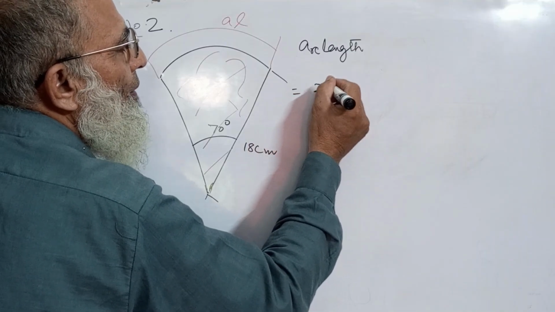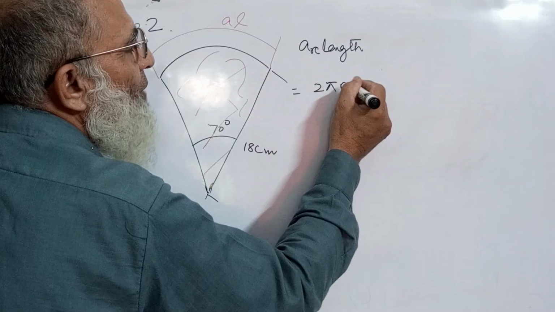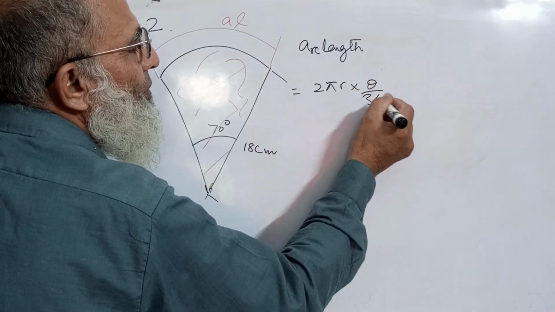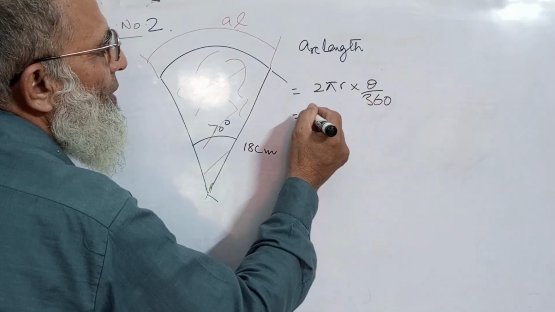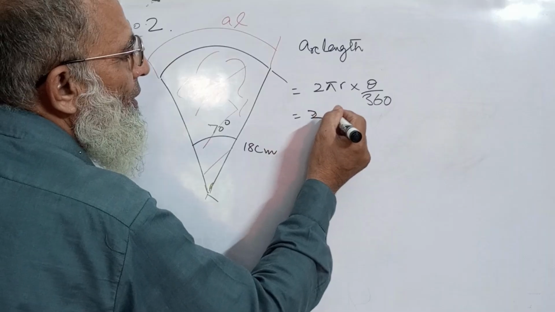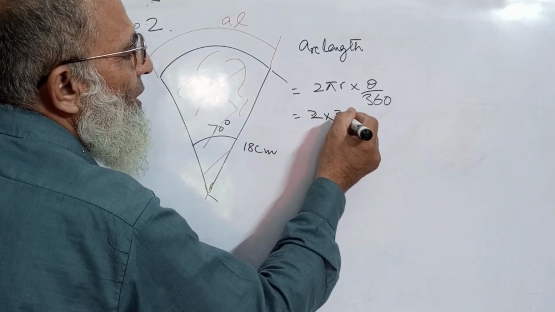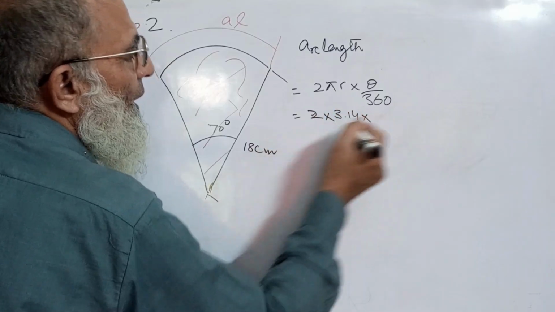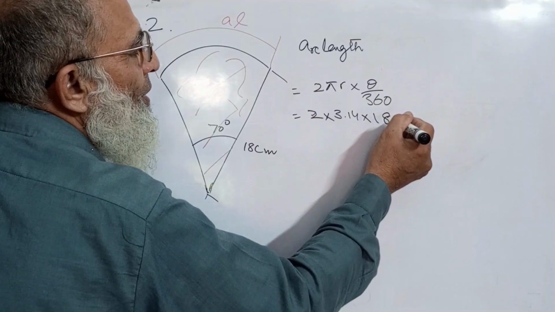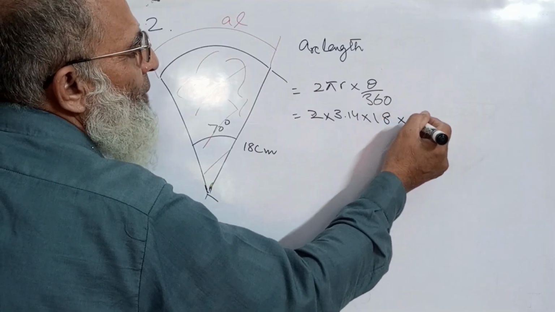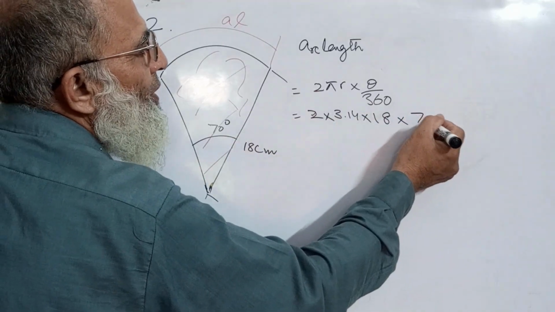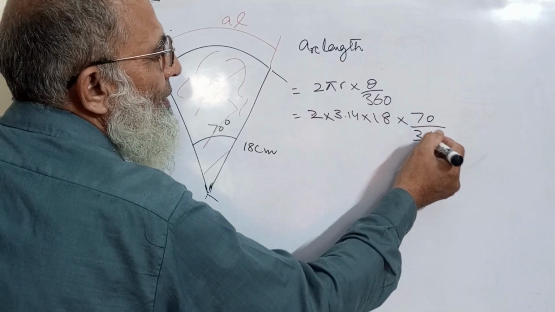Arc length is equal to 2 pi r multiplied by theta upon 360. So it is 2 multiplied by 3.14 multiplied by 18 multiplied by 70 divided by 360.